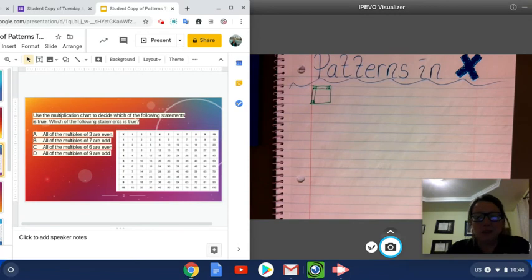So let's look at our first example. It says, use the multiplication chart to decide which of the following statements is true. A, all of the multiples of 3 are even. B, all of the multiples of 7 are odd. C, all of the multiples of 6 are even. D, all of the multiples of 9 are odd.